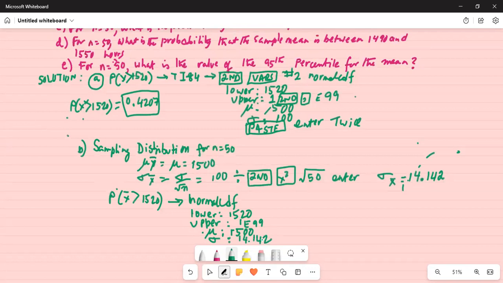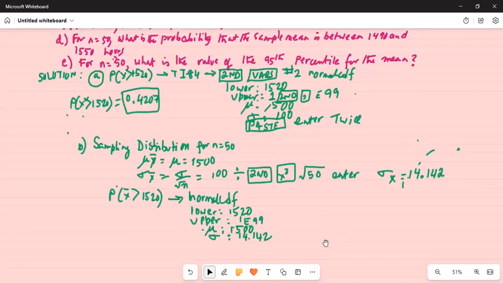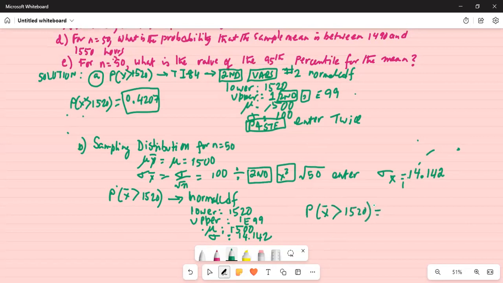If I do it that way, then I'll get the result P of x bar greater than 1520. Second DISTR number 2, normalcdf, lower is 1520, upper is 1E99, mean is 1500.